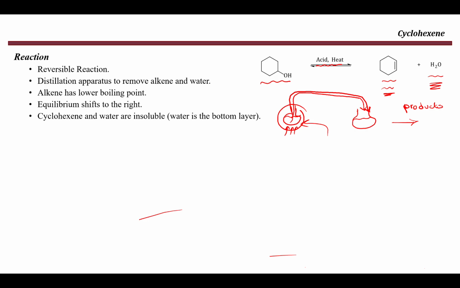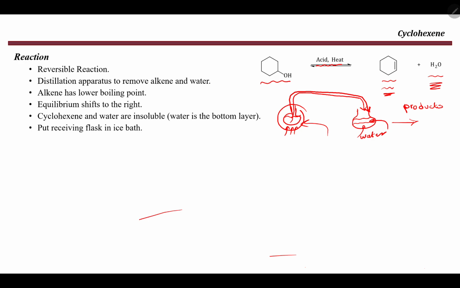In the receiving flask, which will contain the cyclohexene and water, this is going to be a heterogeneous mixture, because cyclohexene, which is the organic product, is insoluble in water, and that's why we may see two layers here. The top one is for cyclohexene, which has lower density, and the second one is for water. So usually water will be at the bottom and cyclohexene will be on top because it has a lower density.